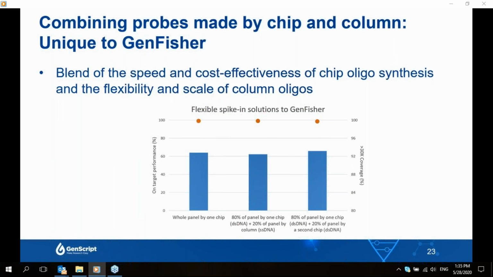When the design is locked, we can remake the entire panel using our chips. With our combined technologies, this entire process of optimization could potentially be shorter in terms of time compared to getting capture probe panels from other providers with other technologies.